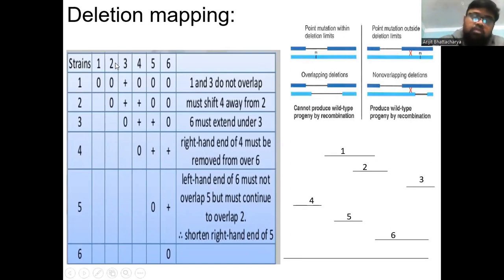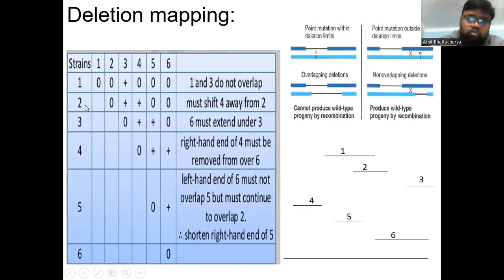Then if you co-infect with 1 and 2, then only in one case will you be able to have some recombinant, if they do not overlap. So if you co-infect 2, 3, 4, 5, 6 with 1, and you get recombinant only in 3, that would mean that only 1 and 3 are the deletions that do not overlap.